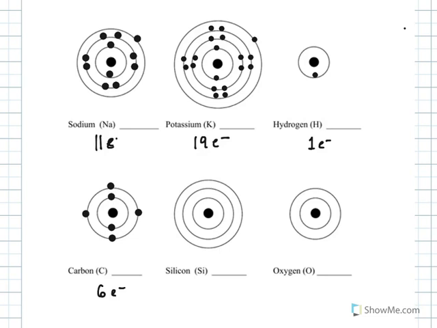For silicon, looking at the periodic table, silicon has 14 electrons. So 2 electrons in the first shell, 8 electrons in the second shell, and 4 electrons in the third shell.